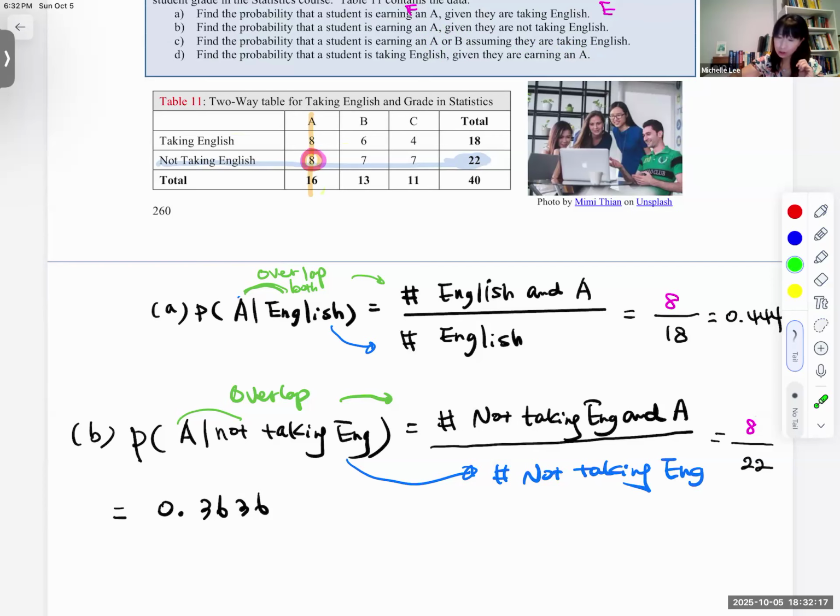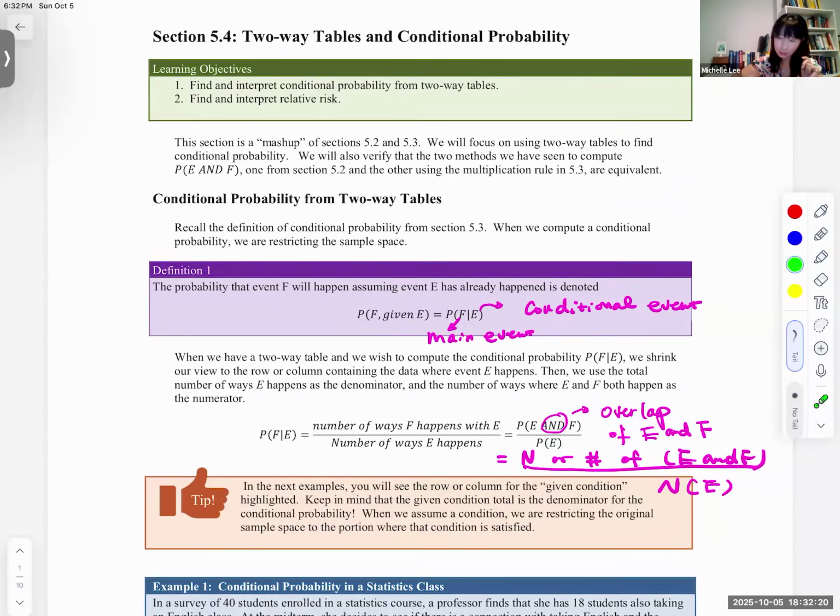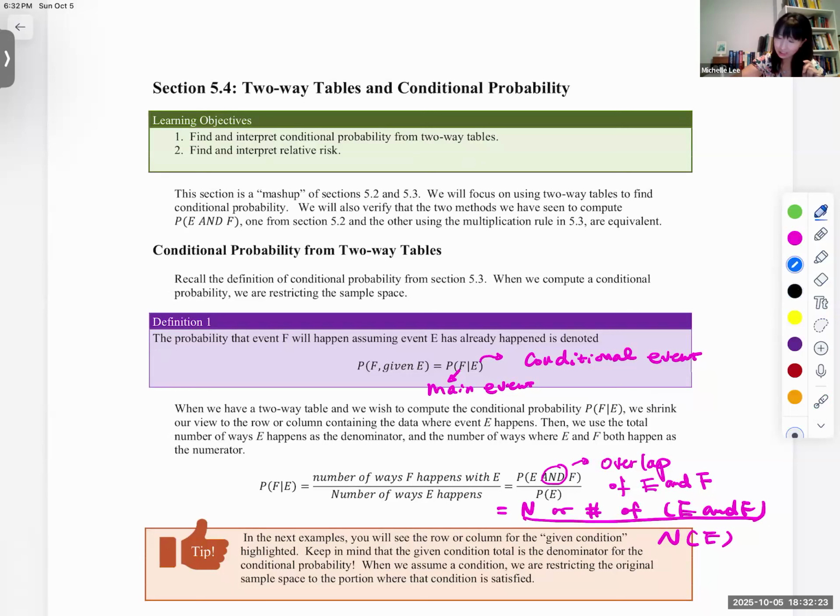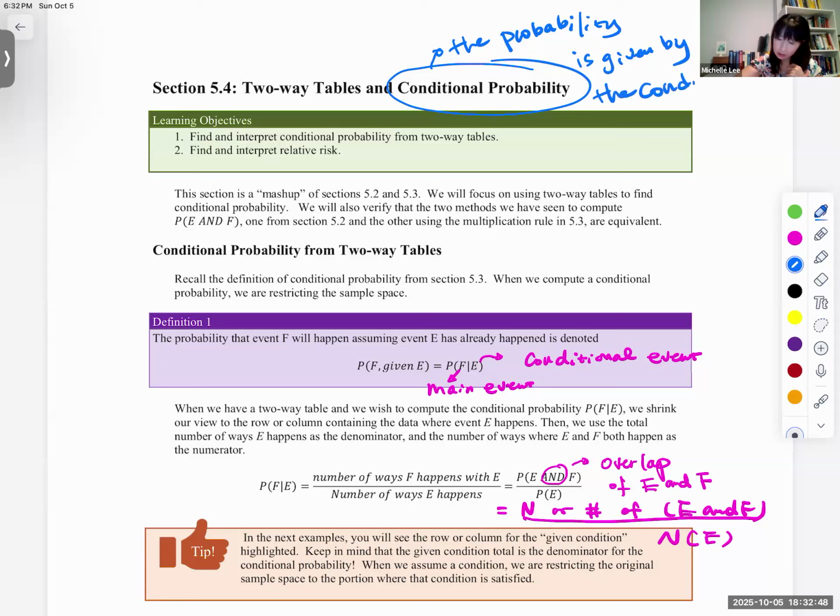I forgot to tell you: the probability is given by the condition, or we can say the probability changes depending on the conditional event.